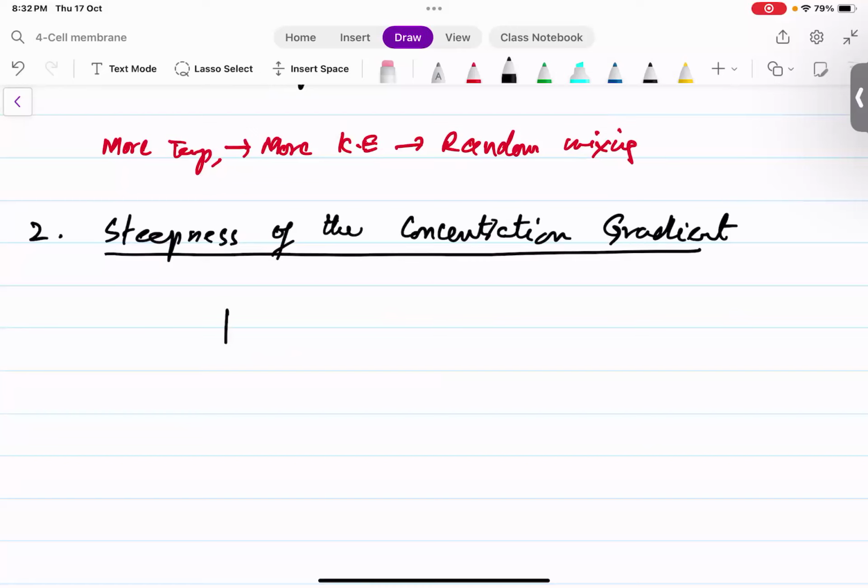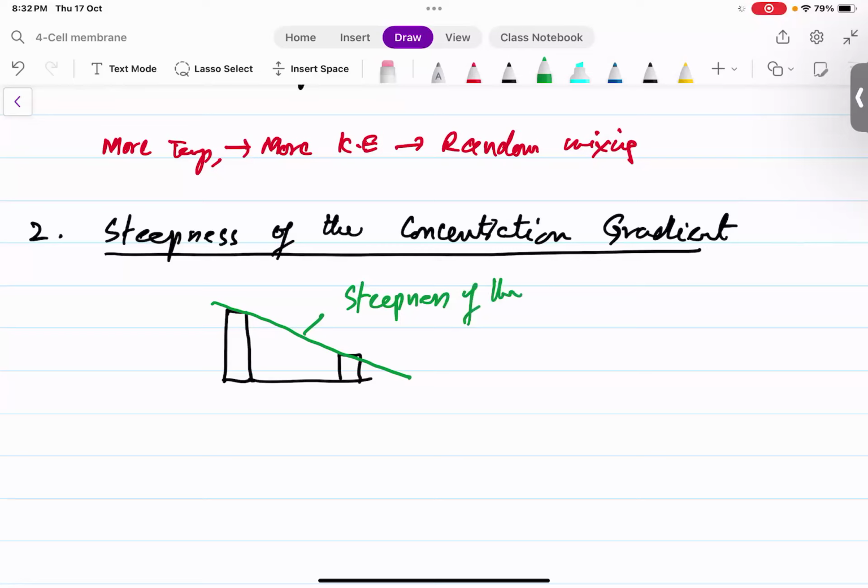For example, we have a region A which has a high concentration of a molecule of a substance, and a region B with a low concentration, and we can draw a slope from the region of high concentration to the region of low concentration. This slope shows the steepness of the concentration gradient.